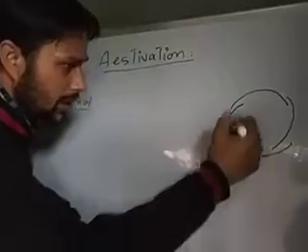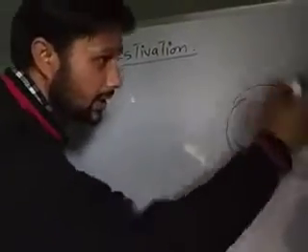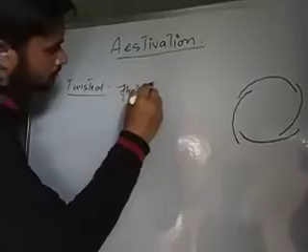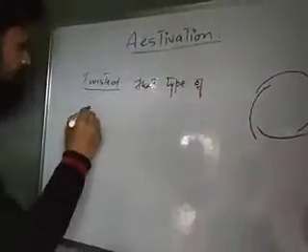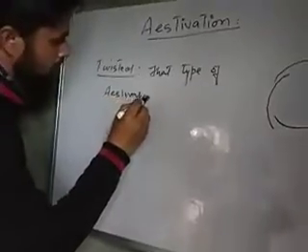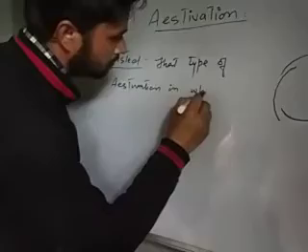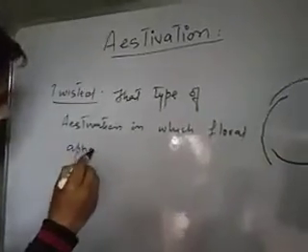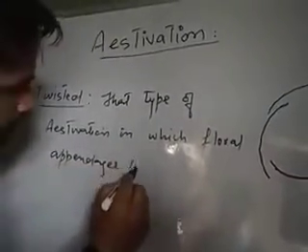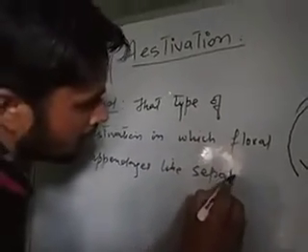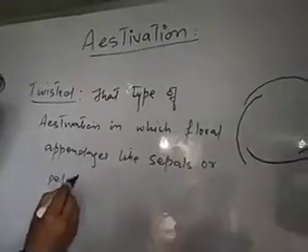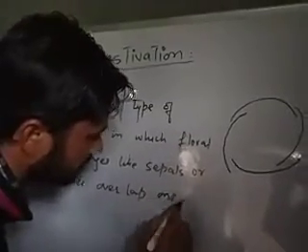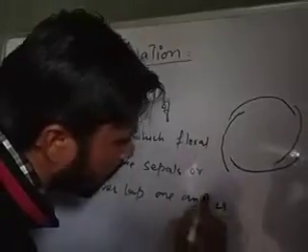Like here, the floral appendages are overlapping one another. So that type of aestivation in which floral appendages like sepals or petals overlap one another or overlap each other.